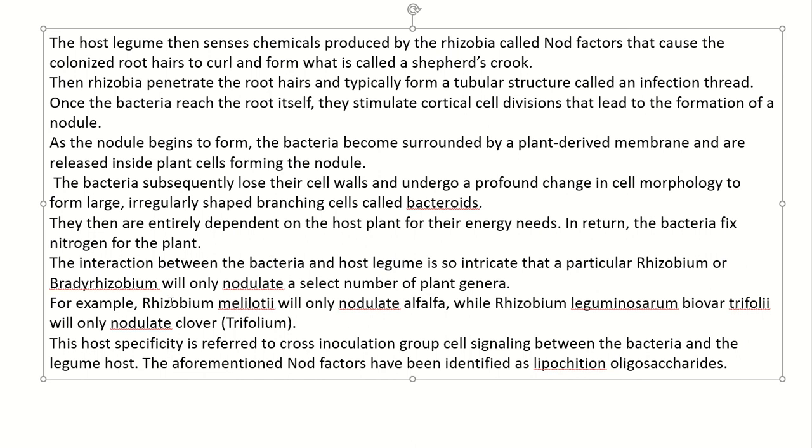host. So this is the Nod factor, as I said previously, the Nod factor that causes the colonized root hair, and that is identified biochemically as lipochitin oligosaccharides.